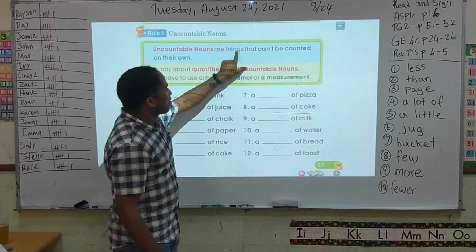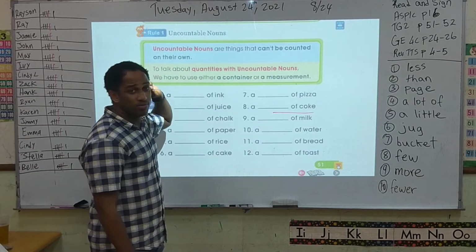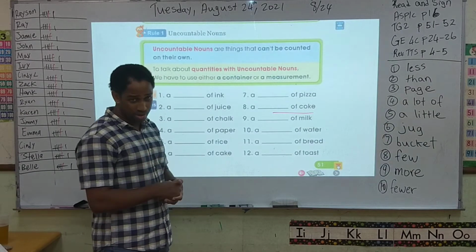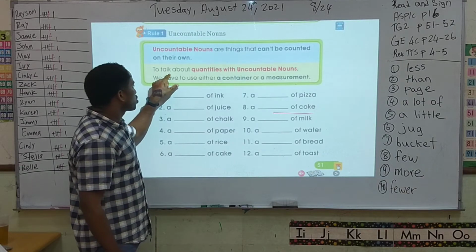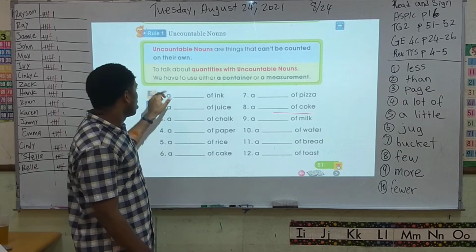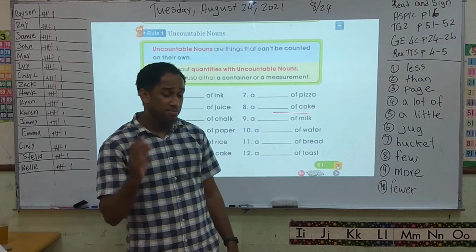Uncountable nouns are things that cannot be counted on their own. That's why we call them uncountable. To talk about quantity with an uncountable noun, we have to use either a container or a measurement.